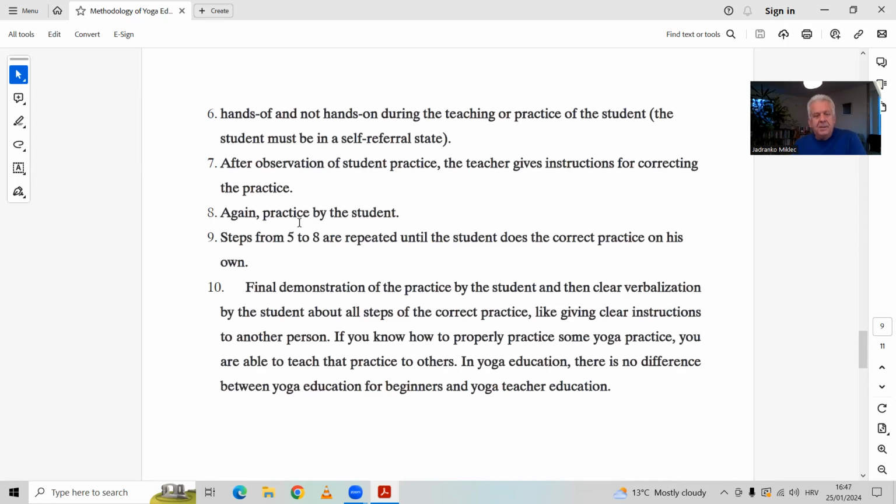And like this, these steps from 5 to 8 are repeated again and again, punah, punah, until the student does the correct practice on his own. So then the student really learns and understands.